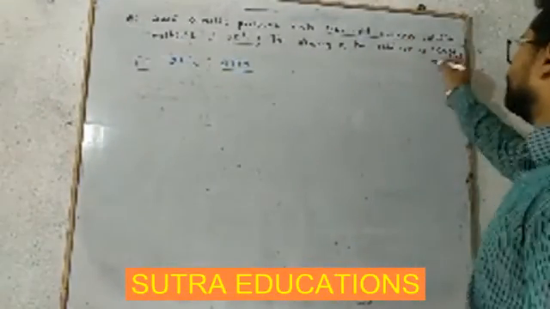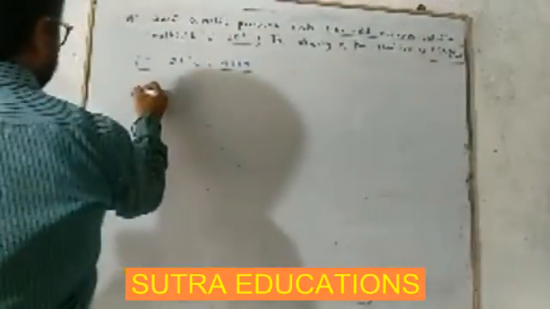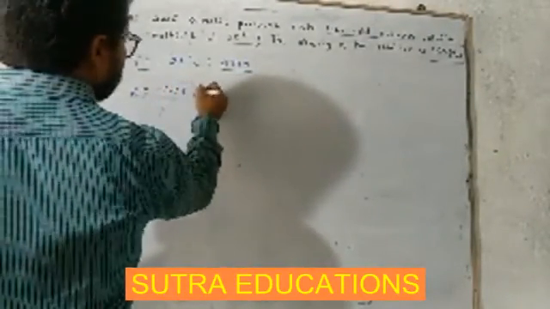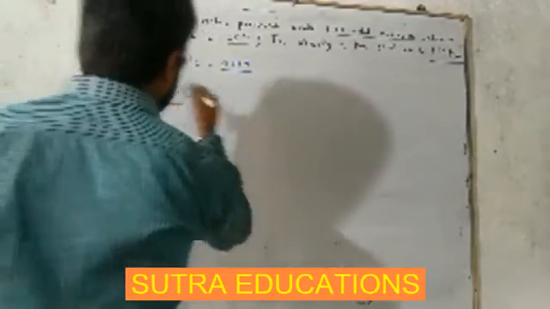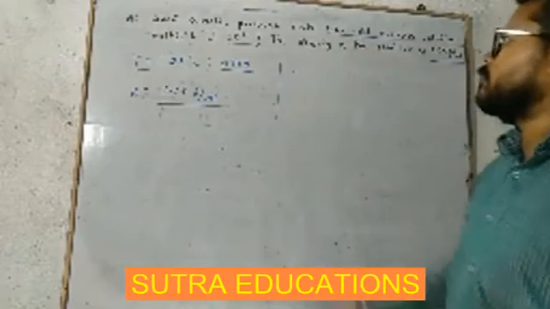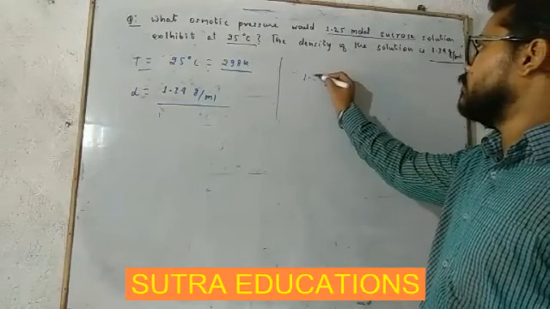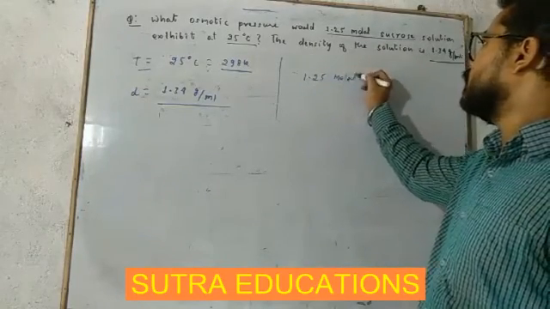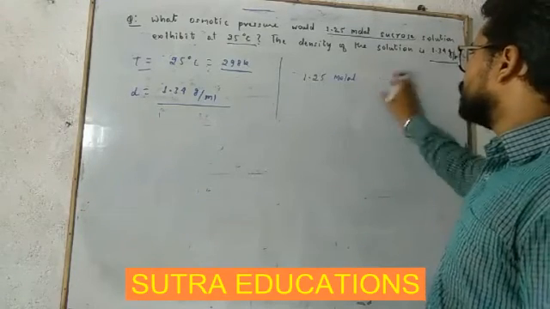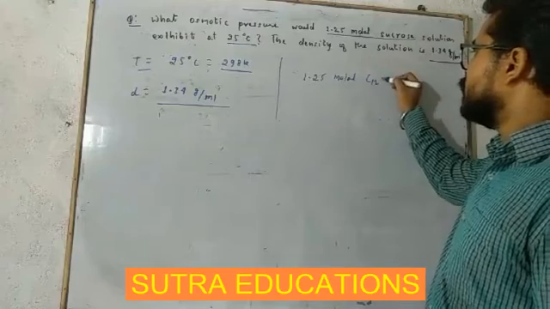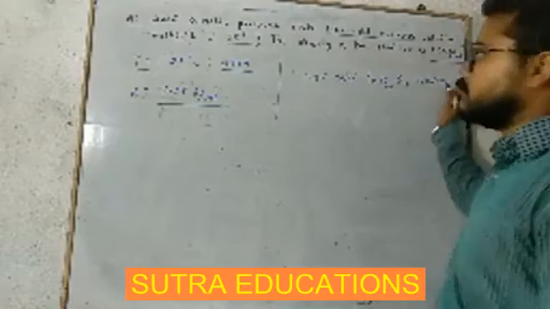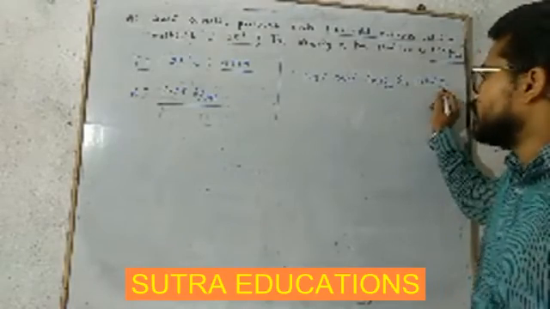The density is given, and density is equal to 1.34 gram per ml. Here it is given 1.25 molar sucrose solution. Sucrose means what? C12H22O11 solution, isn't it?